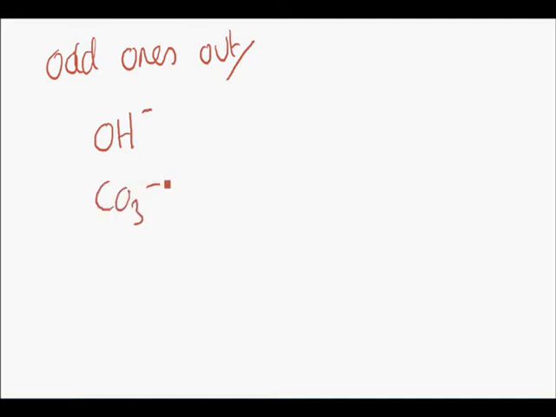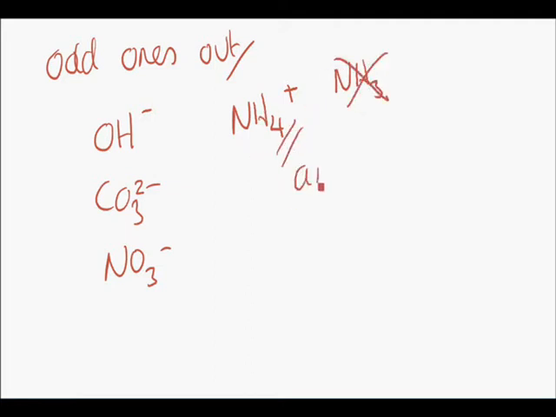The carbonate ion, CO3 2-. You've also got the nitrate ion, NO3-, and the ammonium ion, that is NH4+. It's not ammonia. Ammonia is a different compound. Remember, ammonium has an extra M and it has an extra hydrogen. It's a simple way of remembering it.